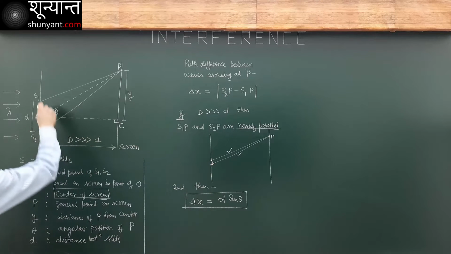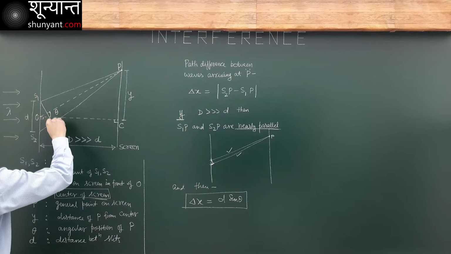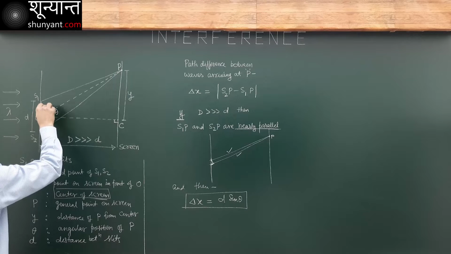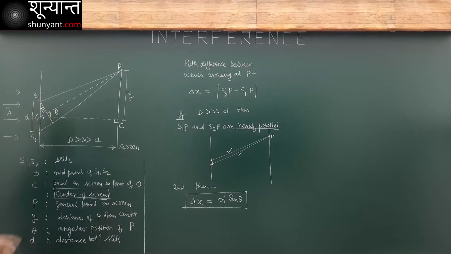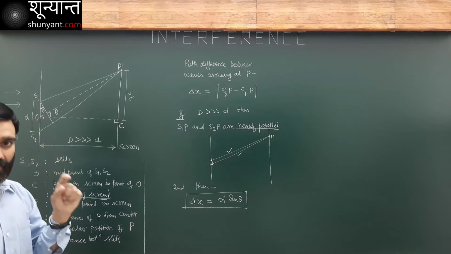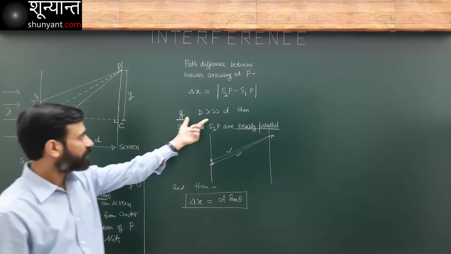Here also, if I draw this perpendicular, then this angle is going to be theta. If this is theta, this is going to be theta. But this will happen only under this condition.